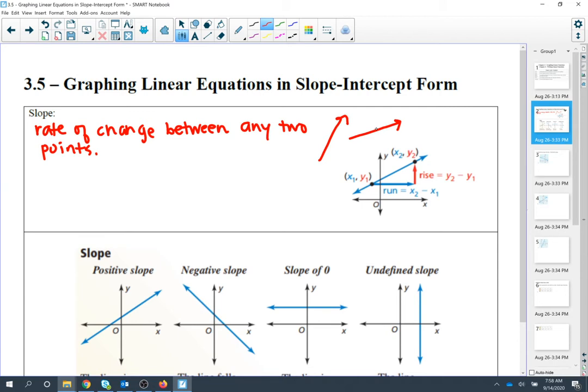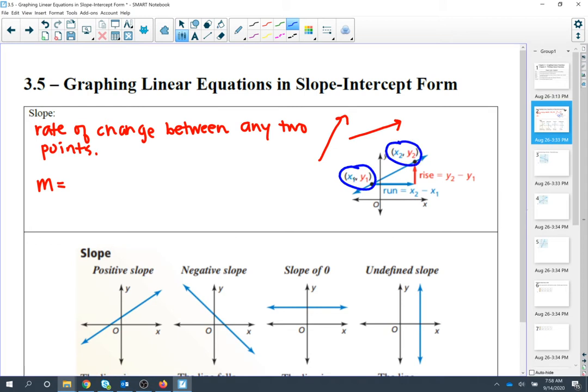Now, the way we find it and the way we show it. When we're talking about slope in slope-intercept form, it's going to be represented by the letter M. So anytime you see M, we're talking about slope. The way you find it is you have 2 points, and the 2 points we're going to be working with is you're going to have an x1, y1, and you're going to have an x2, y2.